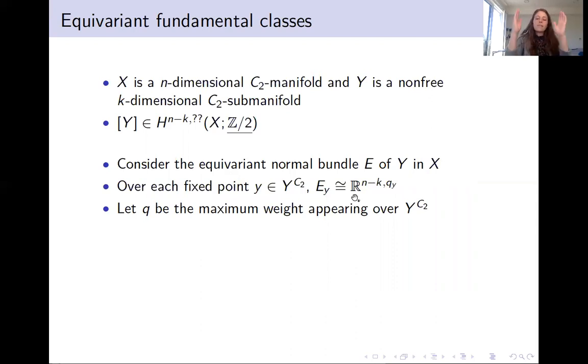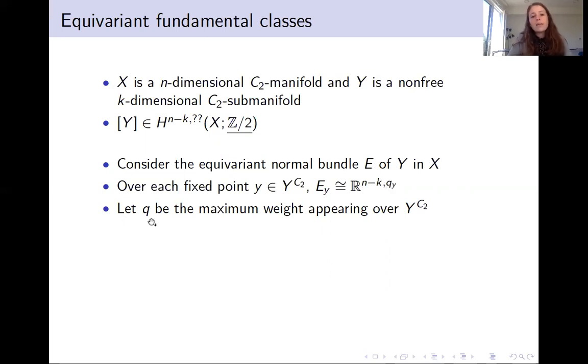For a C2 equivariant vector bundle, the group acts on the vector bundle by vector bundle maps, acting over the action on the base space. So if my point y is sent back to itself, then the fiber E_y has to be sent back to itself, and this action has to be through a linear map, so I really get a C2 representation. This will look like R^{n-k}, that's the topological dimension, and then I have some weight.